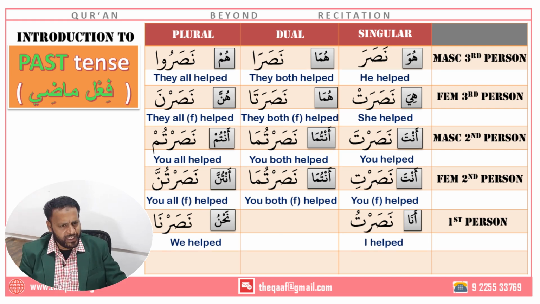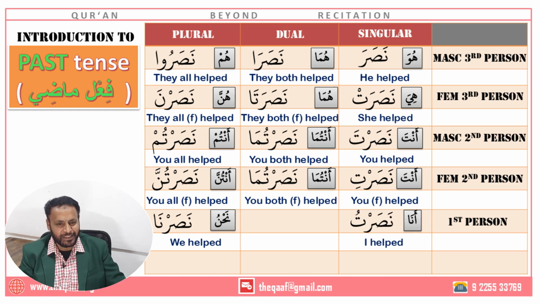Now the next word. We need the female, because in the pronoun table you have hua, huma, hum, and then hiya. So we need the female singular word. What did you do in the Muslimun word? We added ta marbuta to make it feminine. Here also we will add something like that, but instead of ta marbuta, we will only add ta. So the word becomes nasarat. What is nasarat?